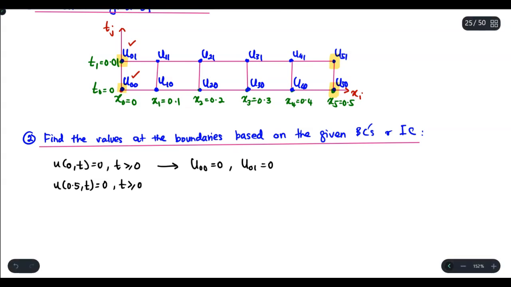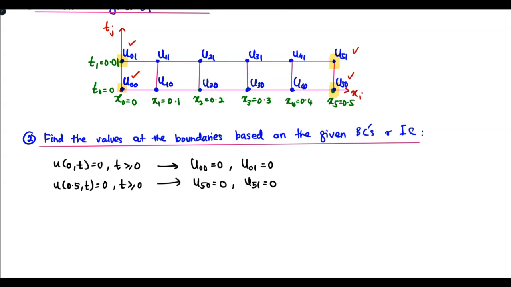We can write straight away u50 equal to 0 and u51 equal to 0, because this boundary condition says that as long as you are at x equals 0.5, we don't care about the value of t. By those two boundary conditions, we know the left and right boundary values.